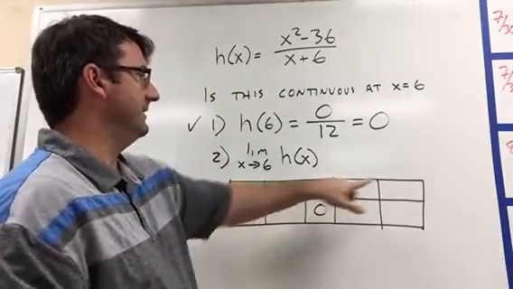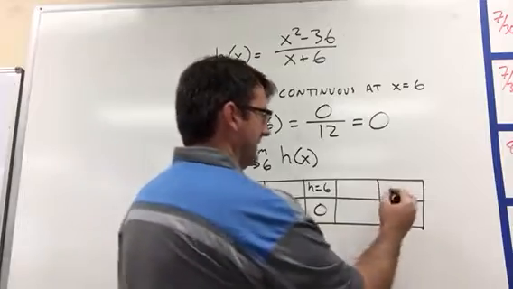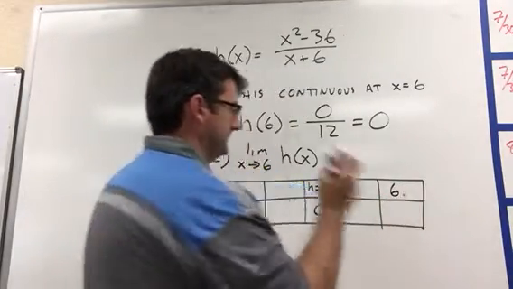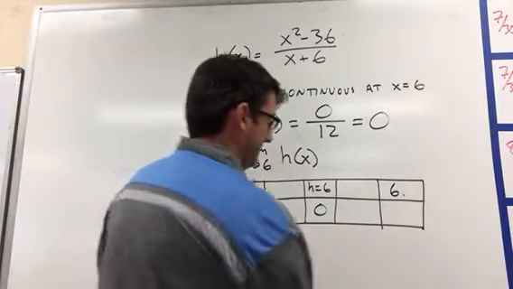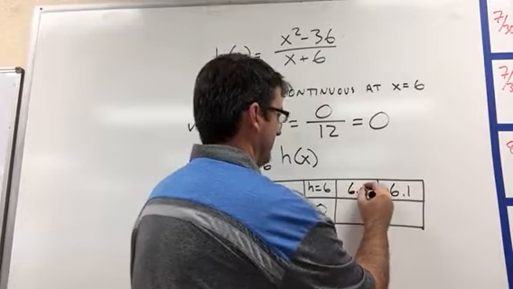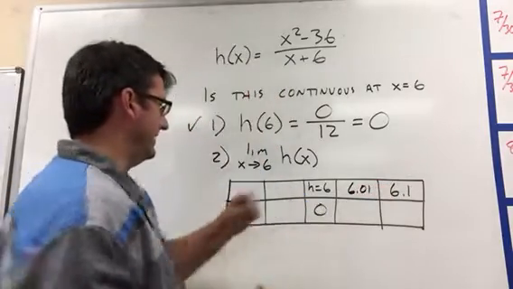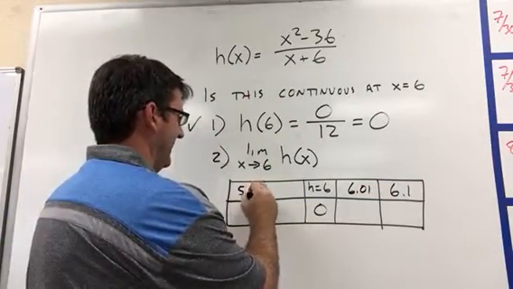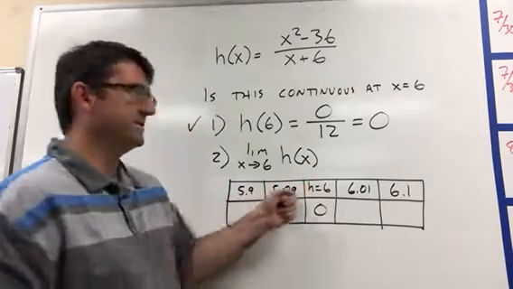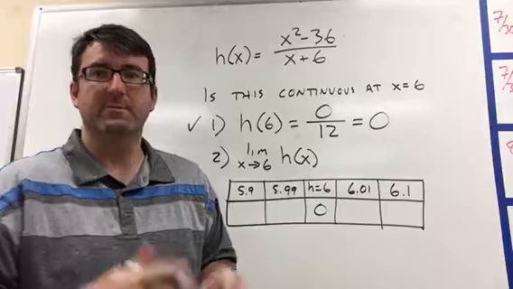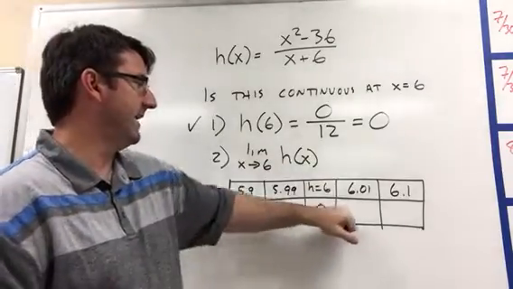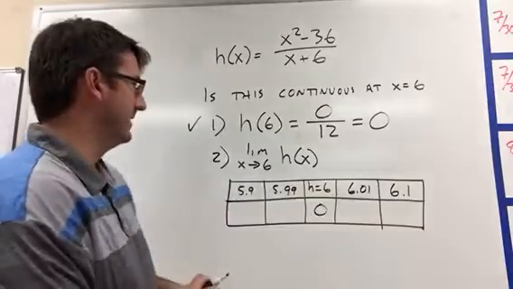So on this side, let's go with some numbers that are bigger. So 6.1, 6.01. And on this side, we'll try 5.9 and 5.99. So we're getting closer and closer to 6 from both sides. And we're going to check to see if our function value is getting closer and closer to some number.